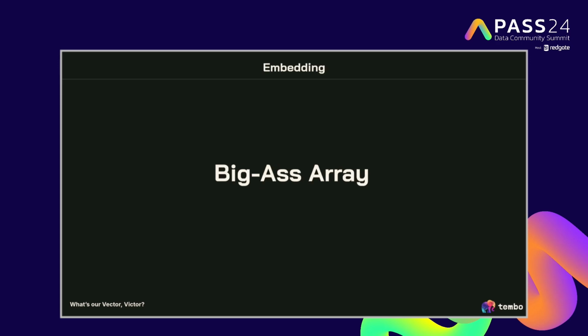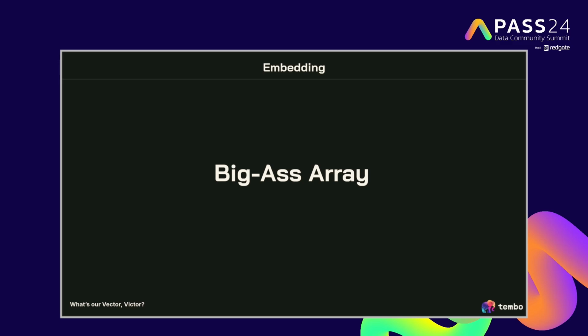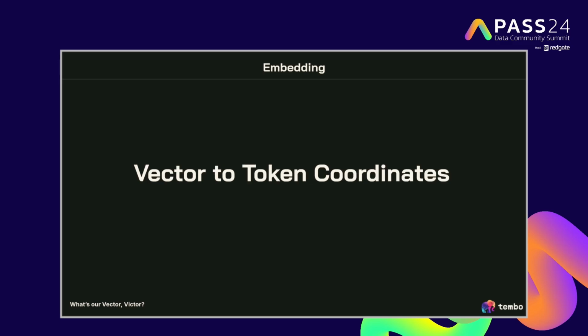All right, the next term is an embedding. Oh, that's not right. That's better, yeah. So vector to token coordinates. That's a nice way of putting it. But really, I use this for a reason, right? Because it's just a big array. And when I say big array, I mean hundreds or thousands of elements long, right?